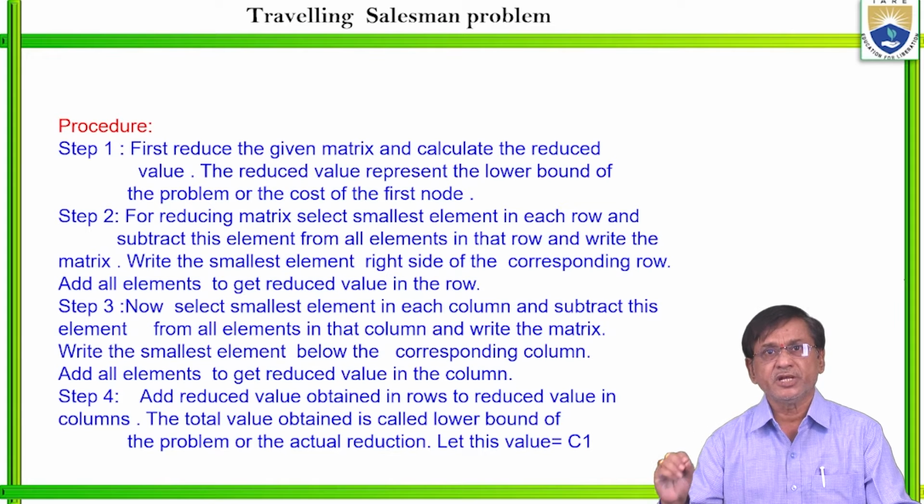Now, procedure. In the branch and bound technique, first we have to reduce the given matrix. Suppose the traveling salesman problem is given either by means of a graph or by means of a matrix. First we have to construct that matrix. If the matrix is given, then we have to reduce the matrix and calculate the reduced value.